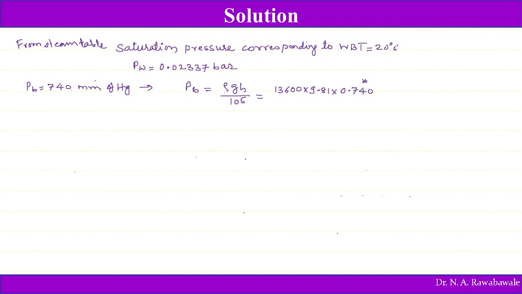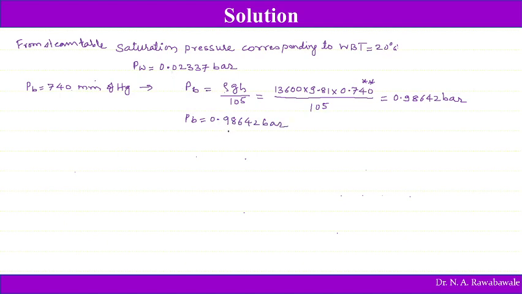This is important: it is to be substituted in meters and divided by 10 to the power of 5. Then we get 0.98642 bar. So this is PB. Now we know PB also, that is 0.98642 bar.